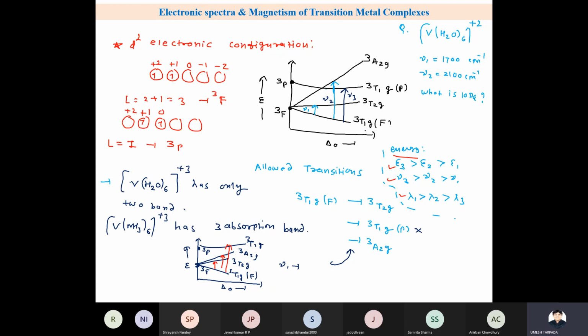But in case of suppose D3 and D8 system, what happens? सीधा nu1 होगा. इसमें दो ट्रांजिशन है ना, उसमें ओवरलैपिंग होगा। एक तो T1G(F) से T1G(P), दूसरा ट्रिपलेट T2G भी रहेगा। बट ओवरलैपिंग किसका हो जाएगा? जो ट्रिपलेट A2G है, वो पीछे की साइड चला जाएगा. ओके, तो दो ट्रांजिशन एक्सपेक्ट हो गए.